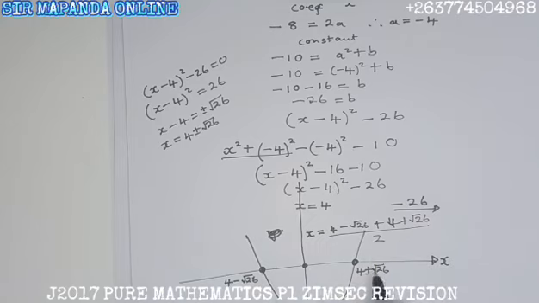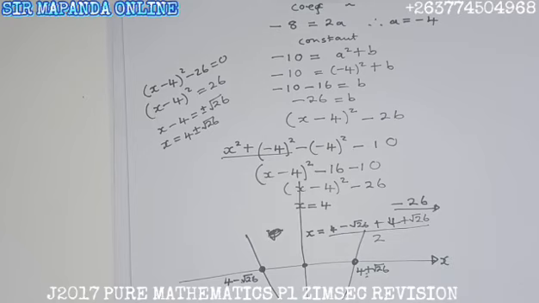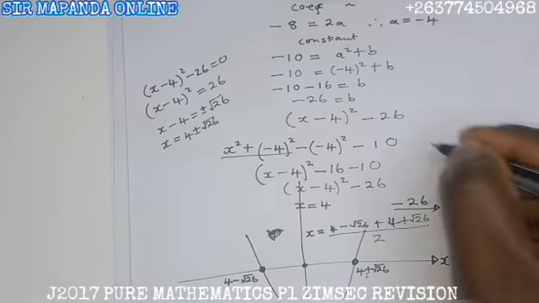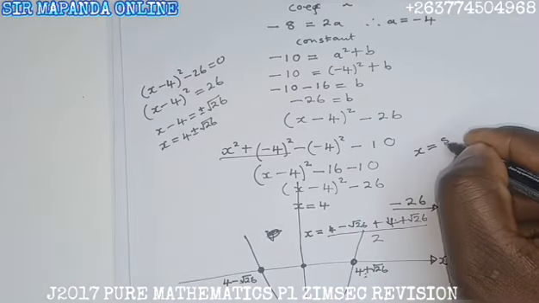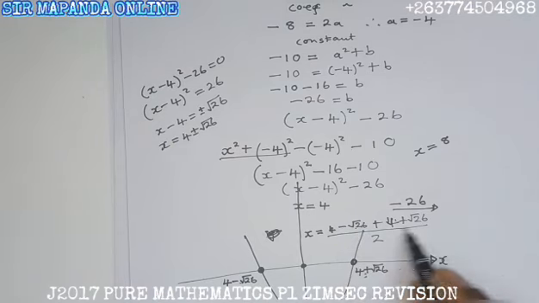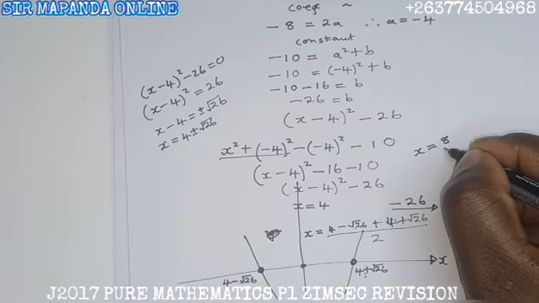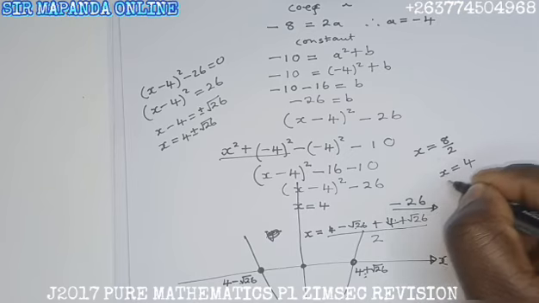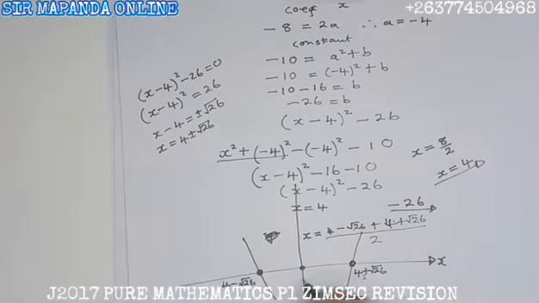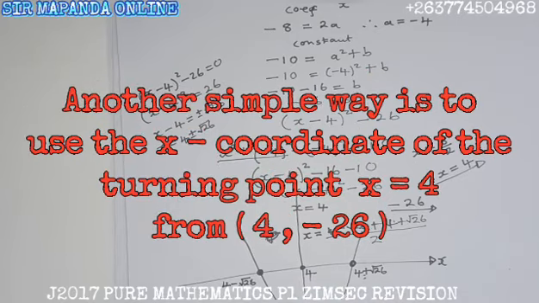The average of the two numbers gives you the line of symmetry. Right. So what do you get here? You get x is equal to 4 plus 4, it gives you 8. Then minus root 26 plus root 26, you get 0. So 8 divided by 2, you get 4. So the equation of the line of symmetry is x is equal to 4. So we have 4 here. This is your final result. I hope you are following.